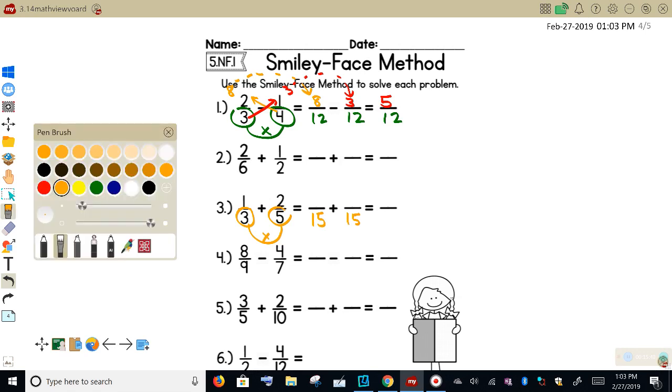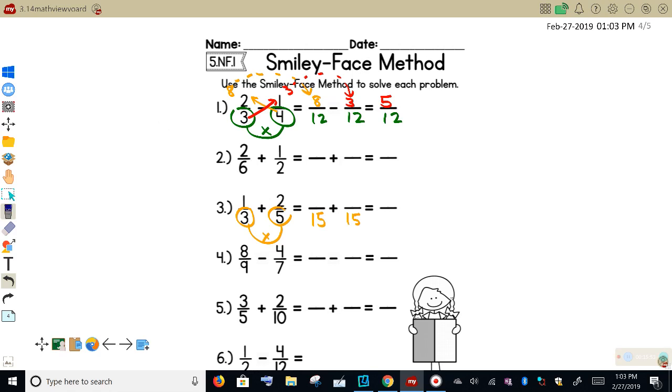Then after I multiply the denominators, I will cross multiply. I get a 5 and a 6. 5 plus 6 is 11. Do you need to simplify here? No. Okay, so go ahead and put that.